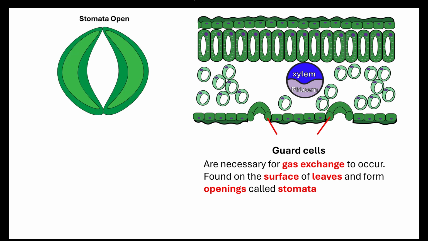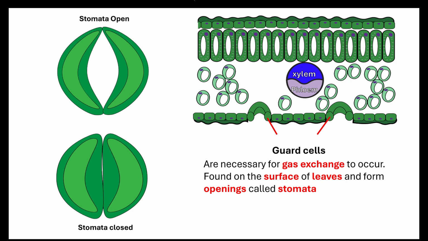So the guard cells are either going to open the stomata, these openings, or they are going to close the stomata. And they do that because they have very thick walls on the inside compared to the outside of the cell. So the wall on the inside is much thicker. And it's also to do with the movement of substances.